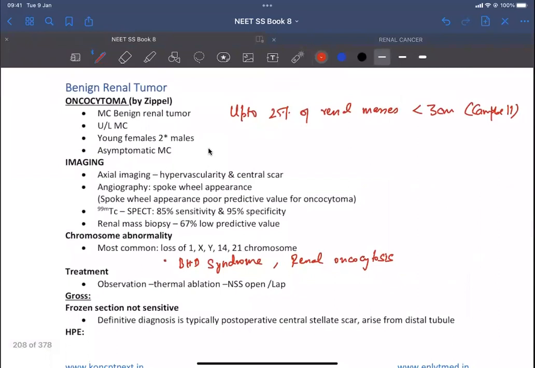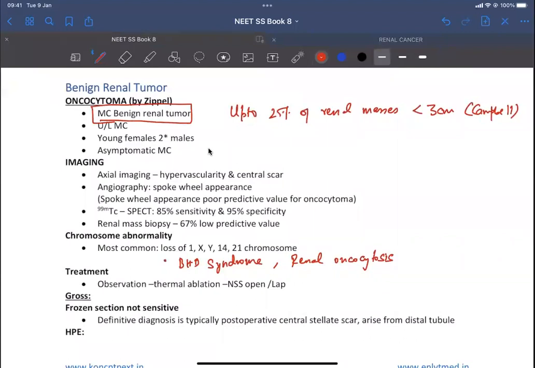So that's about renal cysts. Renal cysts are the most common benign lesions of the kidney. And if you go to renal tumors, oncocytoma will be the most common benign renal tumor. Cysts are not technically tumors, but they are the most common benign lesions.